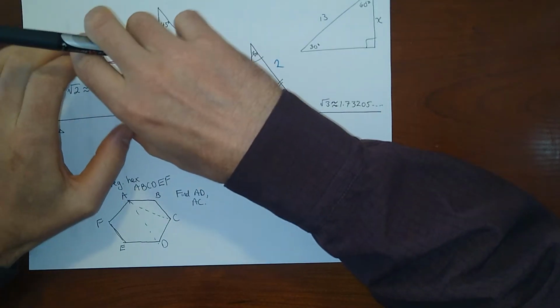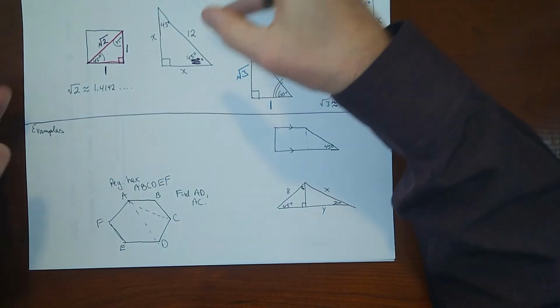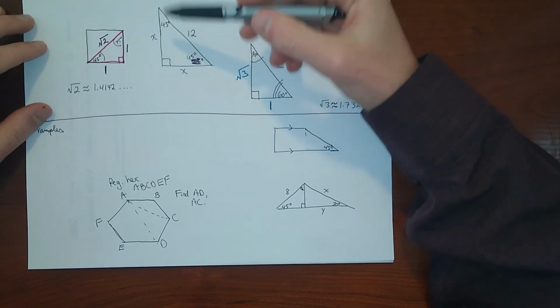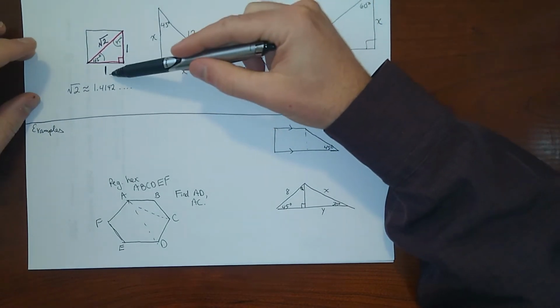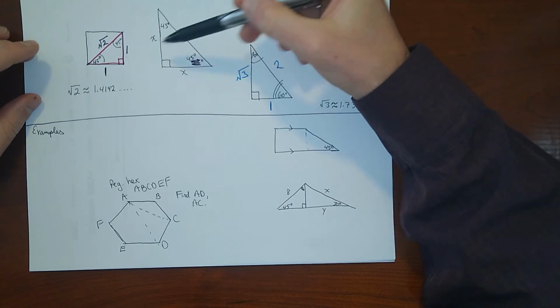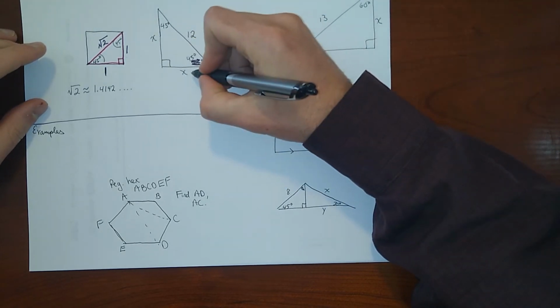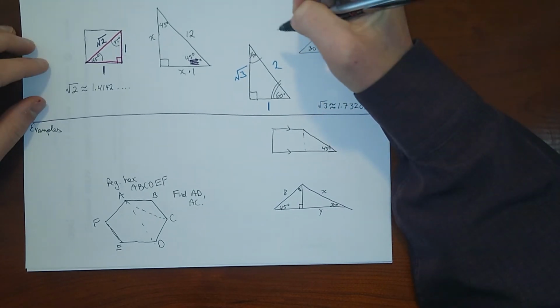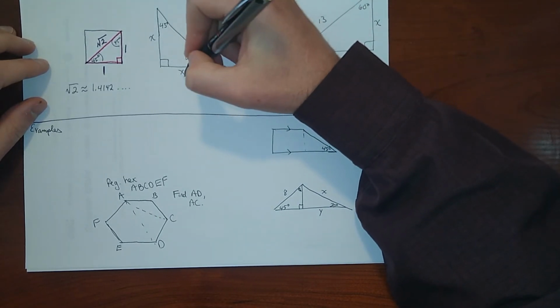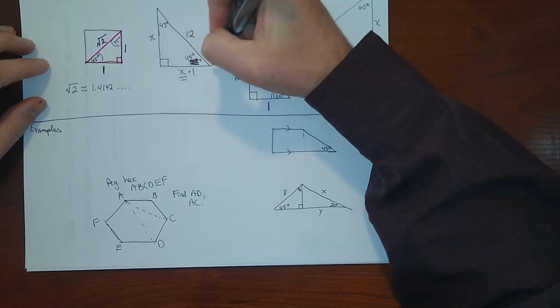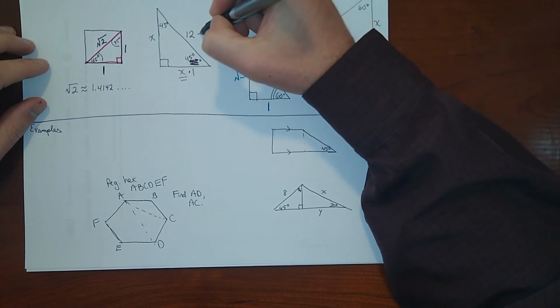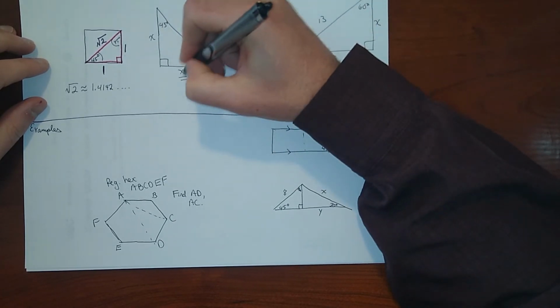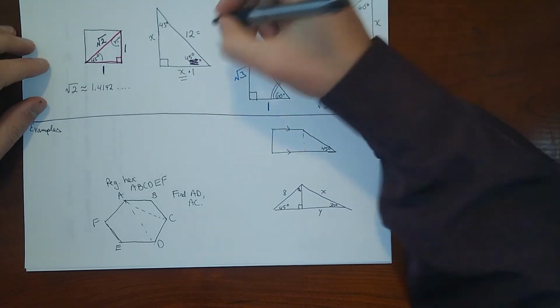If I increase the size of the triangle or I shrink it and I have a similar one, it won't necessarily be a side length of 1, but it will be x times 1, or whatever that multiplier is from this unknown side length times 1, and then this side will be that value times square root of 2.